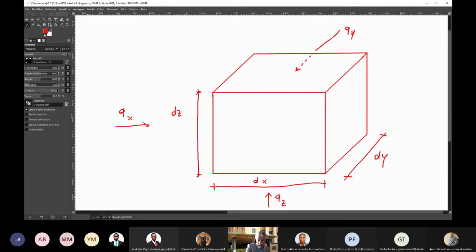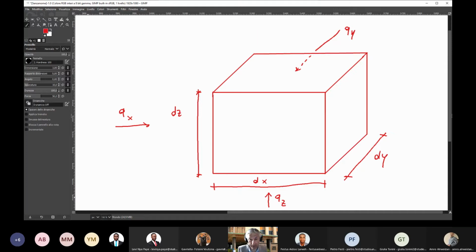The principles are the same that we used for surface water, and the principles are conservation of mass and conservation of energy. So the principles are the same, but of course, the control volume is different. And then we have to write these conservations in a different way.